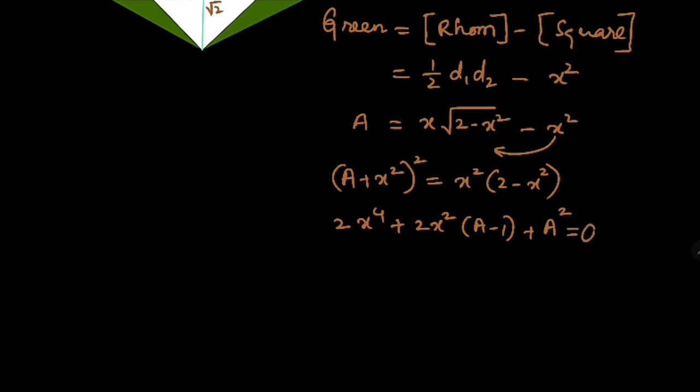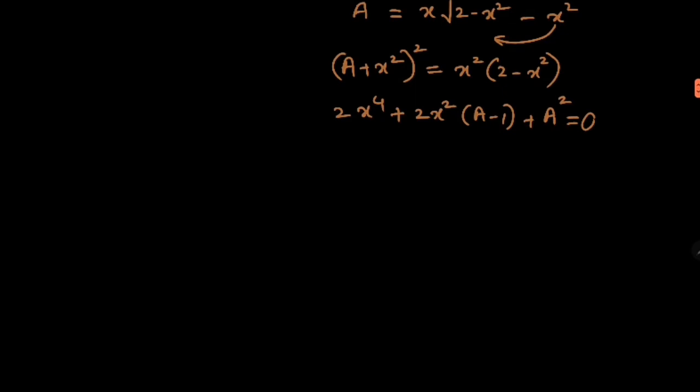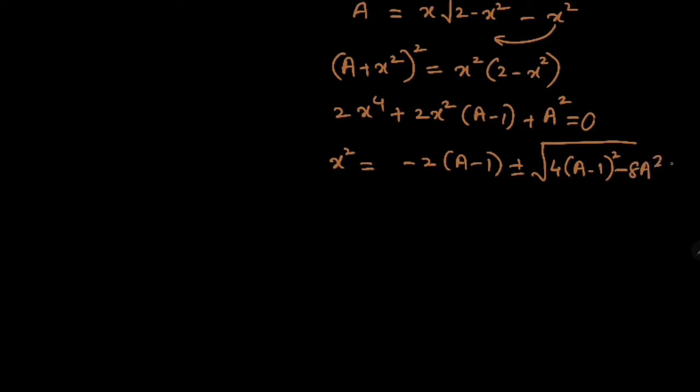So from this, by using the quadratic formula, we can find out the value of x square, that is minus 2 times (A minus 1) plus or minus square root of b square minus 4ac, that you will get 4 into (A minus 1) whole square minus 8A square, divided by 2a, that is 4.